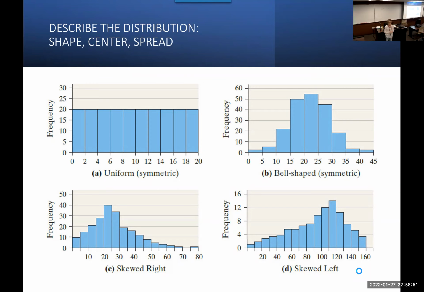A normal distribution has a single peak in the middle of your graph, followed by tails on either side, okay? So I have this single peak in the center, and I have tails coming down on either side. Now, a normal or bell-shaped distribution is also symmetric. So if I were to find the center of the graph and fold it in half, it would look roughly the same on both sides.